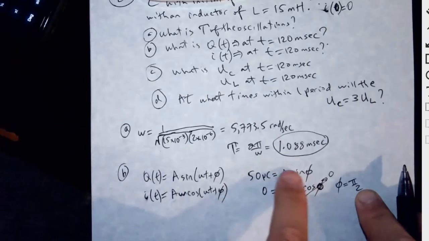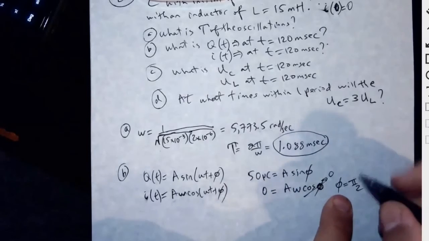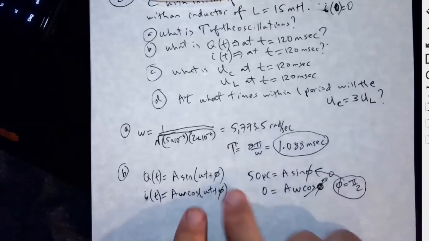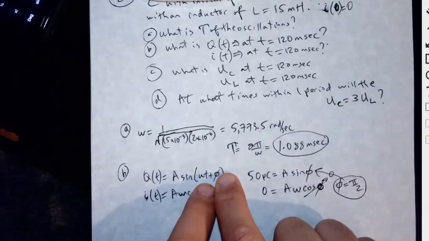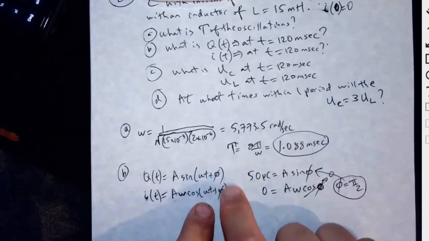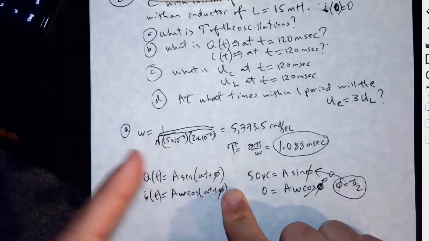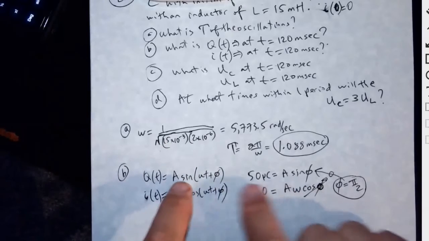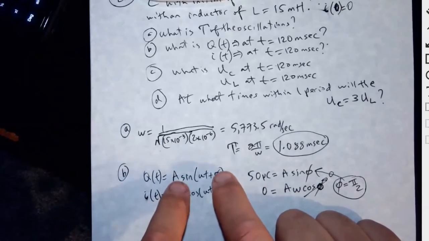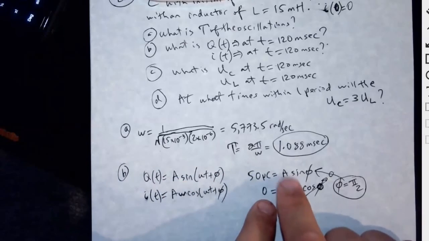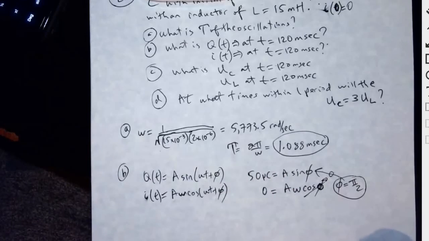Then we put this phi into here. The purpose of phi is to satisfy the initial conditions, and A is the amplitude of the oscillation. Combined, they help meet the criteria of the initial condition.